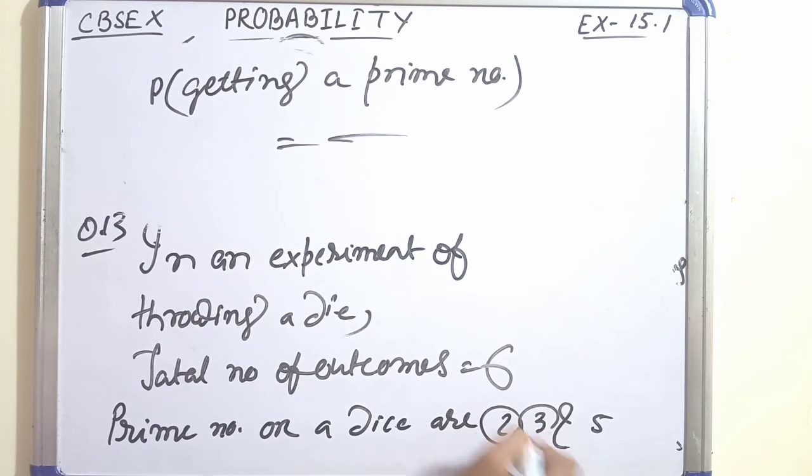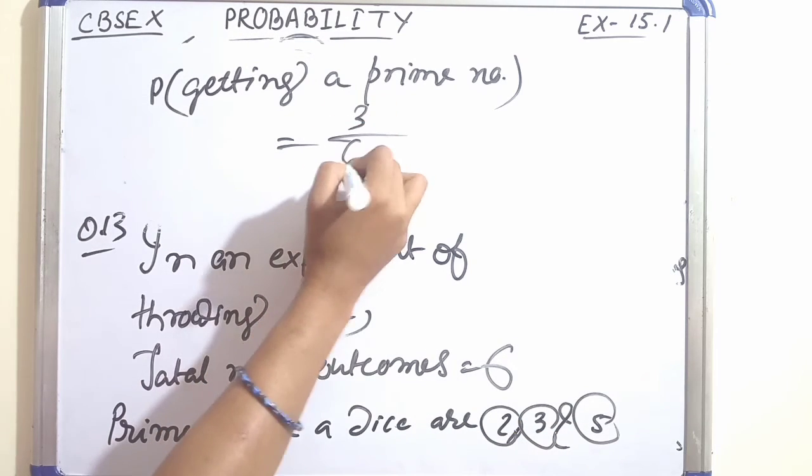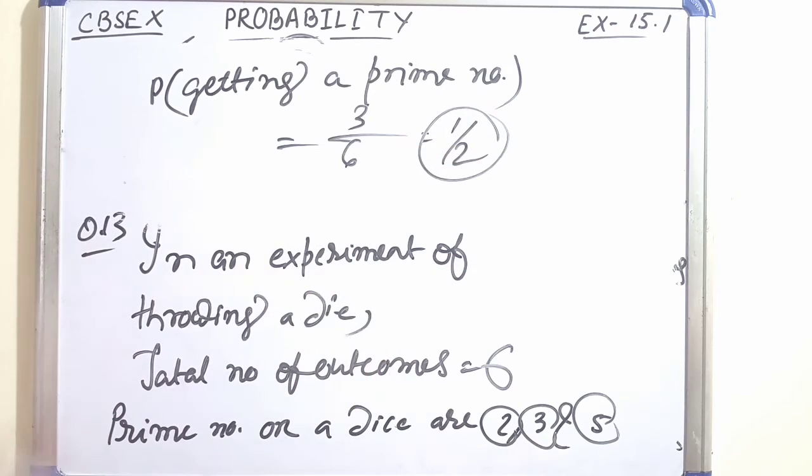Number of favorable outcomes is 3, that means 3 upon 6, that means half.